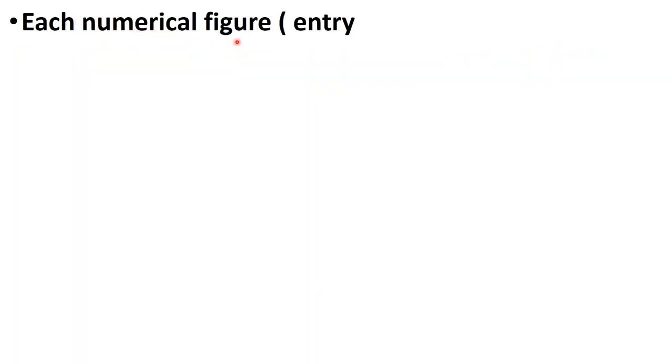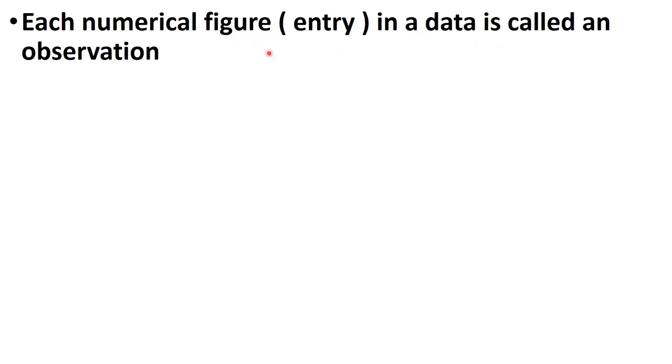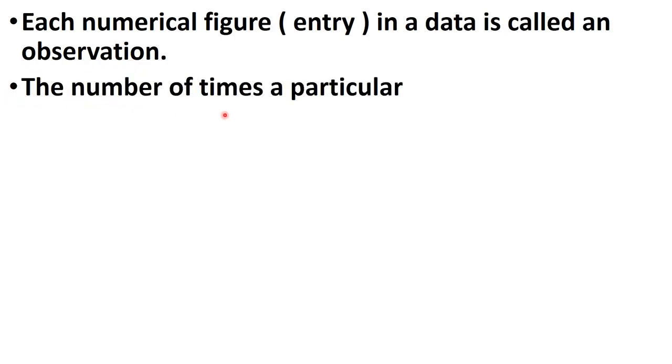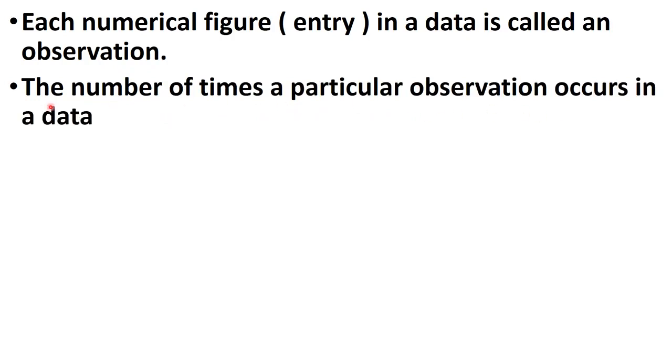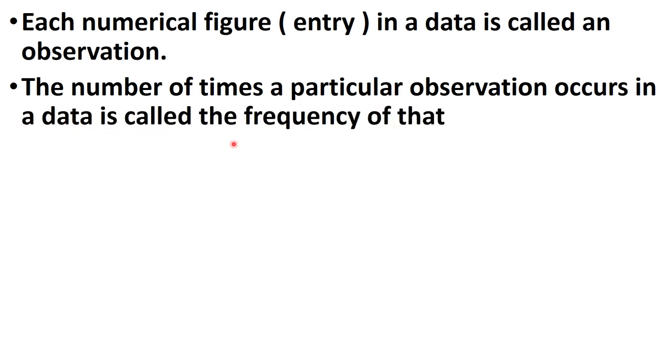Each numerical figure entry in a data is called an observation. Every particular entry is known as an observation. The number of times a particular observation occurs in a data is called the frequency of that observation.